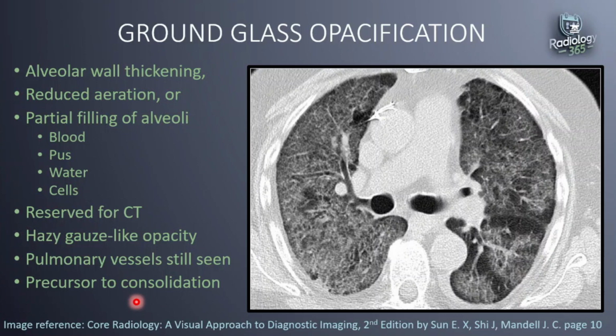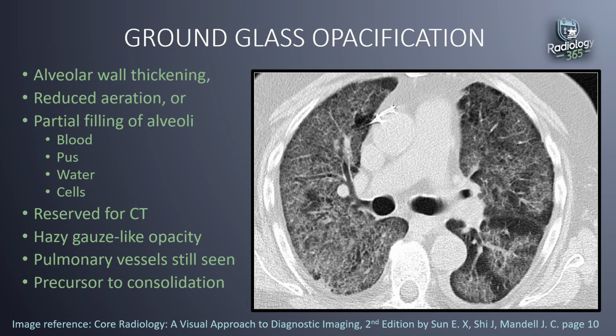But then if you have chronic protracted ground glass opacification, there are certain differentials that we can entertain that are different from what we would see in the case of acute ground glass opacification. Differentials for chronic ground glass opacification include lung adenocarcinoma, organizing pneumonia, chronic eosinophilic pneumonia, interstitial lung disease, hypersensitivity pneumonitis, among others.